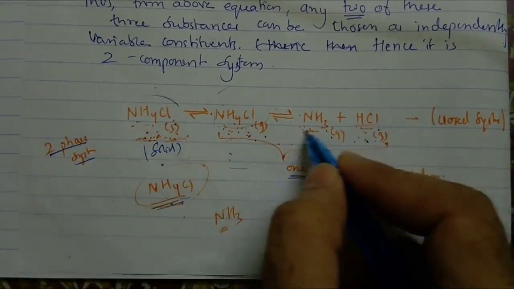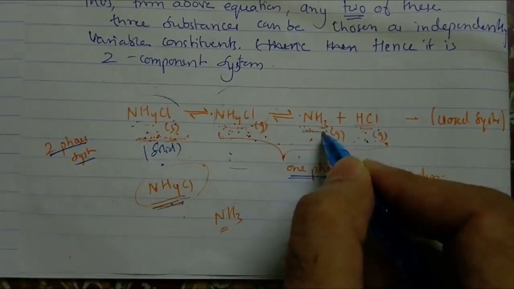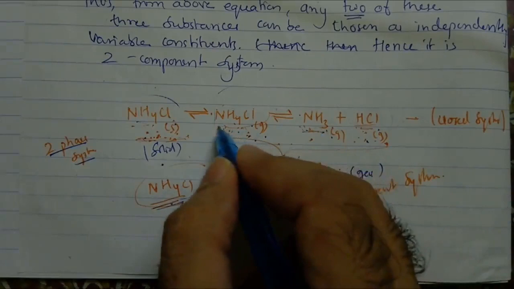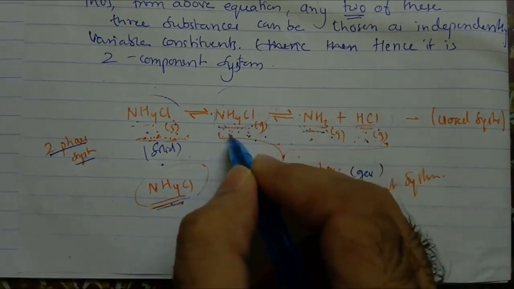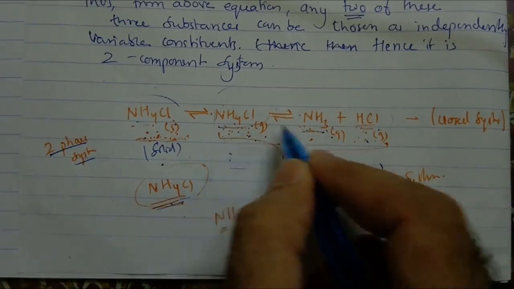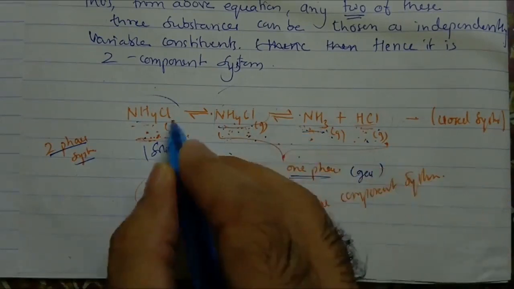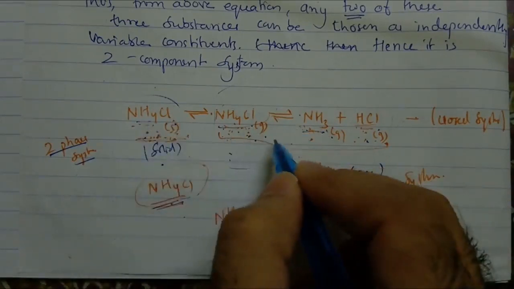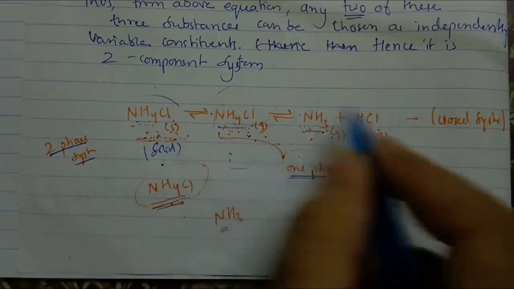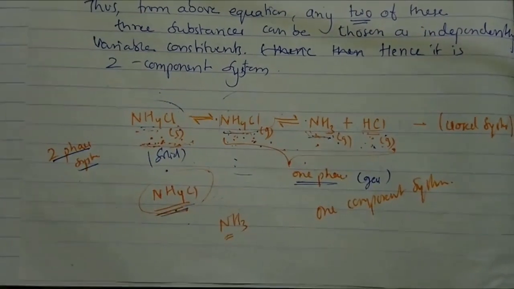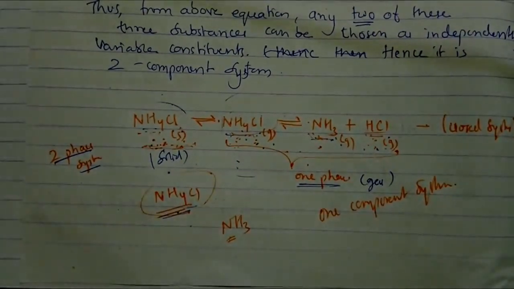Or if you take NH3, we know that NH3 comes from this only. So it is again a one component system. It requires only one constituent to express the composition of any one of these phases. So this is a one component system.